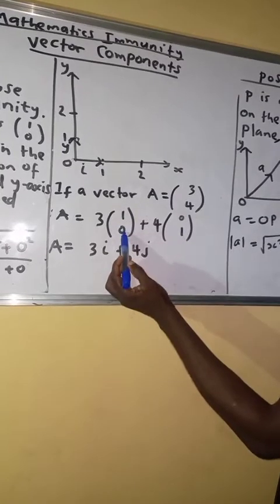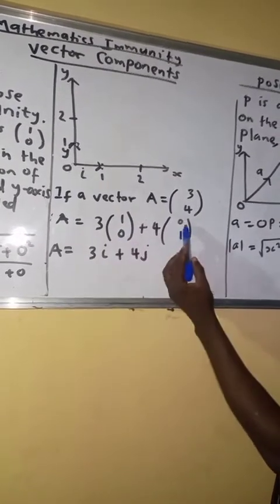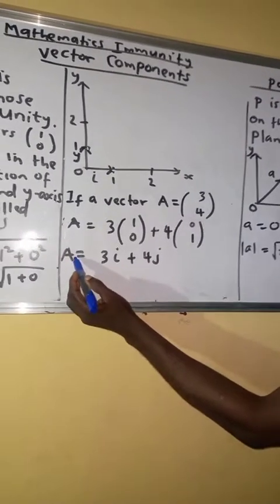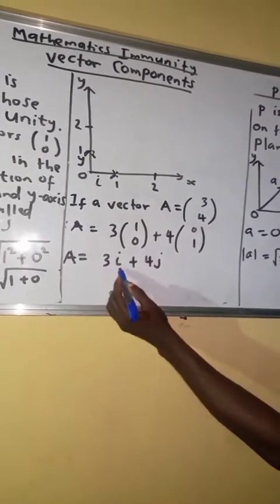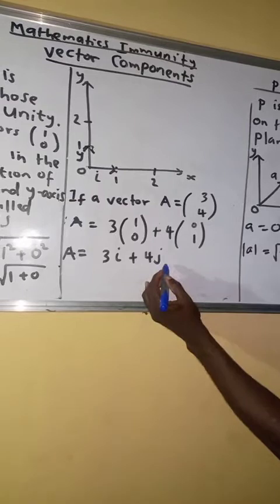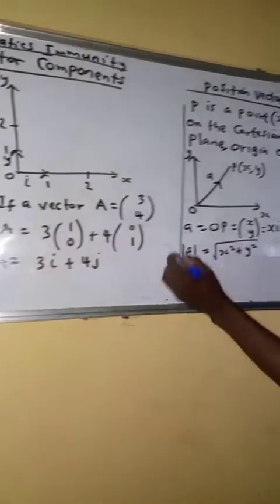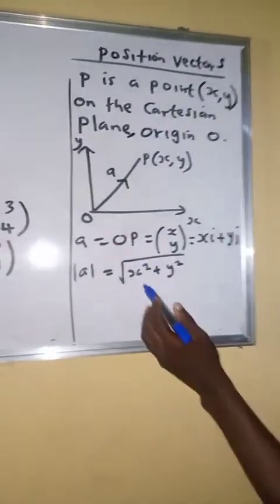Now (1, 0) is i, and (0, 1) is j. So in component form, vector A is equal to 3i plus 4j, and in column form, like matrix form, it is (3, 4).